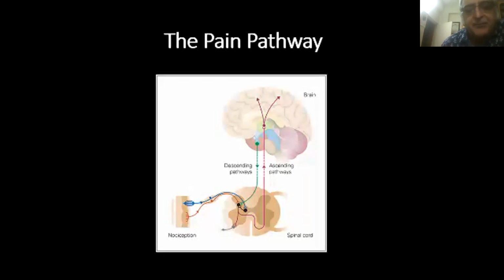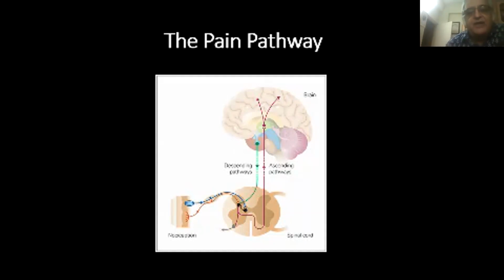You're all aware of the gate control theory. And this is all a chemical play. In the ascending pathway, it's substance P which is important. It's glutamate, which is very important as a pain transmitter. And in the descending pathway, it is noradrenaline and serotonin, and that is the whole basis of giving SNRIs and SSRIs. So this loop is very important. Sometimes the generation of the pain is from the periphery, then it goes to the center.